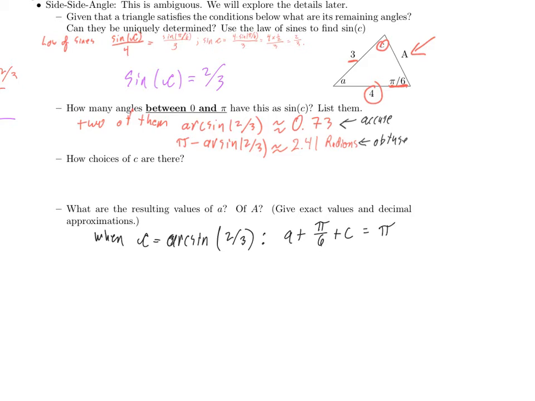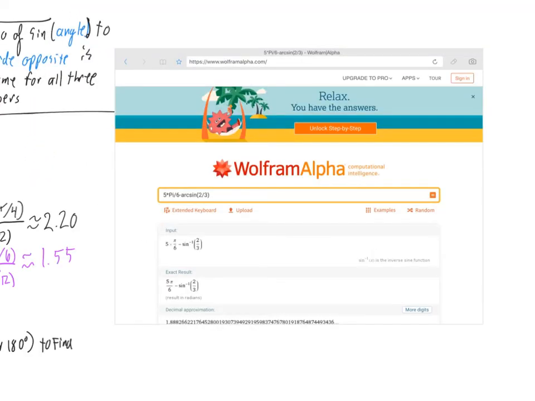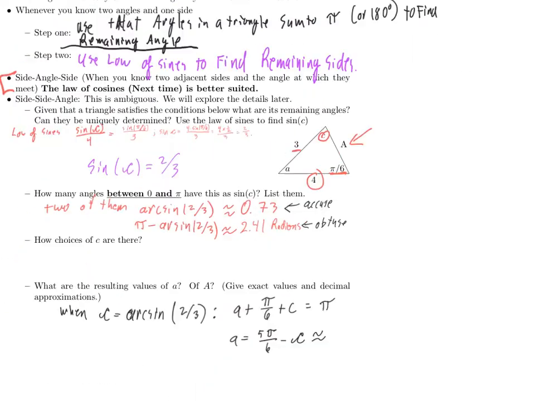So I can subtract pi over 6 and C to the other side and get A is equal to 5 pi over 6 minus C, which, again, we can approximate. Okay, here we are. 5 pi over 6 minus the inverse sine of 2 over 3 is approximately 1.89. Entering that in.